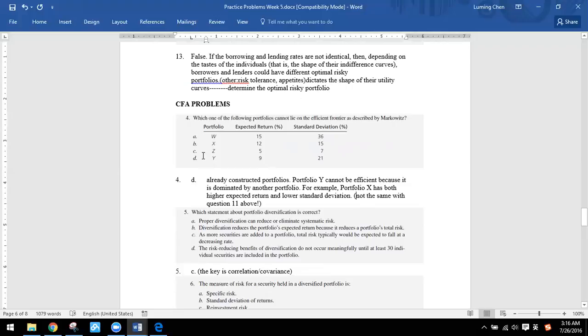So now the correlation between different assets has been taken into consideration. If we see an already constructed portfolio is strictly dominated, we will choose other portfolios.